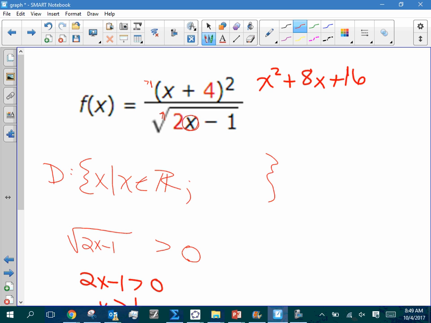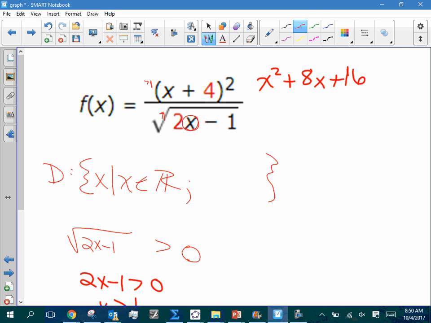No matter what x value you plug in, you can square it and get a number back, add 8 times that x value, get a number back, and add 16, you still get a real number back. At no time, no matter what x value I choose in that numerator, will I get back an imaginary number, and really that's all I have to worry about in that numerator.